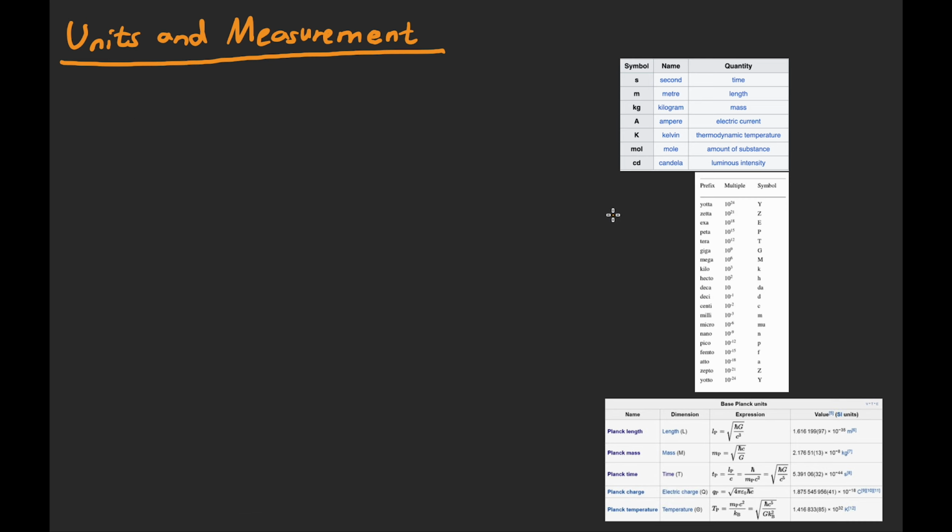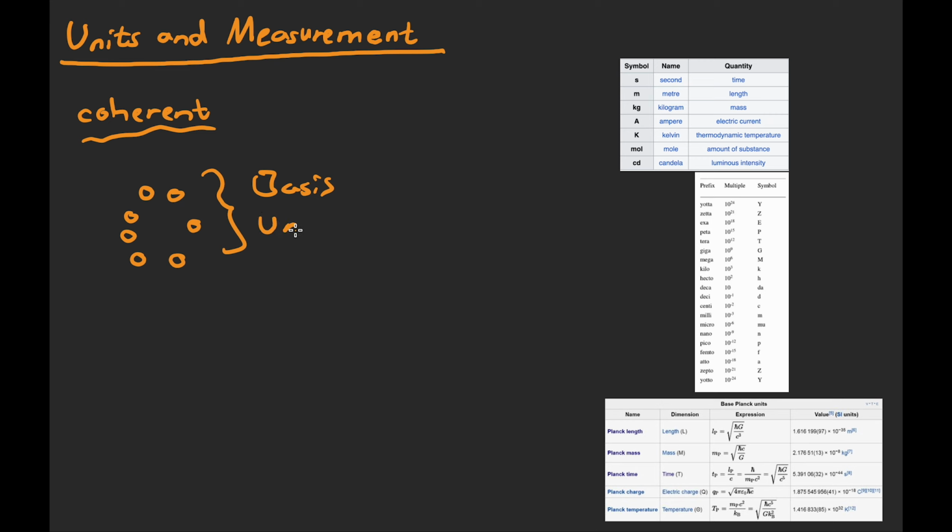So in physics, we're lucky because our mathematical system is a coherent one. What does that mean? A coherent system. Well, it means that if you have just a handy amount of what are called basis units to describe the most basic measurements that you're doing, you can derive all of the other units that you're going to use from these simple ones.